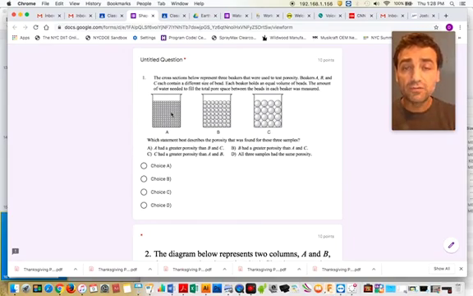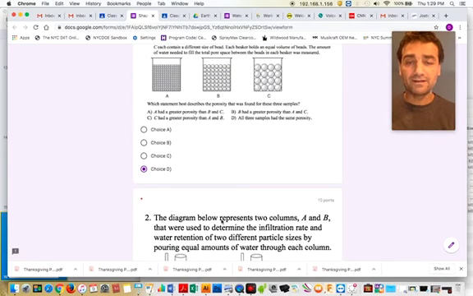Small particle means a small pore, medium particle means a medium pore, and a large particle would mean a larger pore. So the ratio is the same. Therefore, the answer would be D. All 3 samples have the same porosity. Why? Same shape, same porosity. Okay, next one.